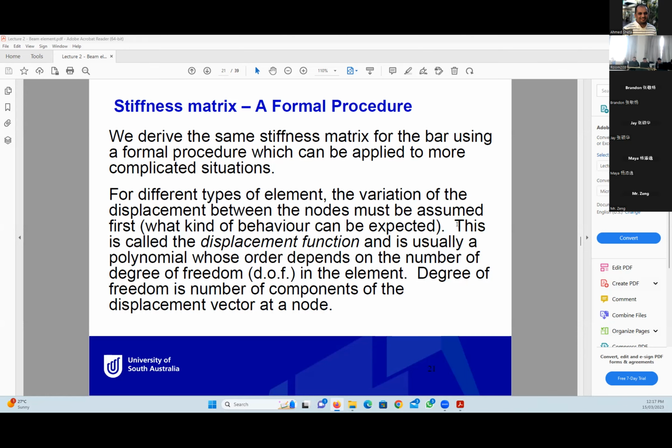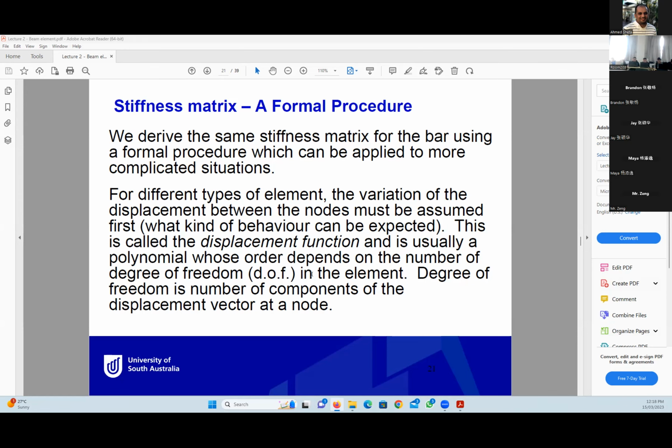This is called the displacement function. The displacement function is what we assume to find the stiffness matrix of any complicated element. It is usually a polynomial whose order depends on the number of degrees of freedom in the element.